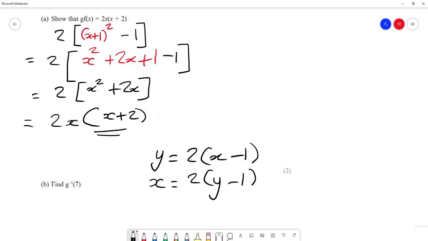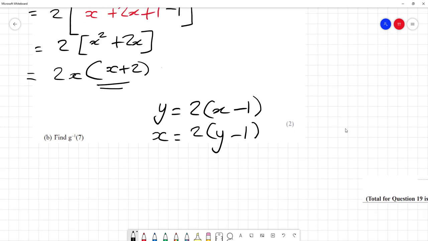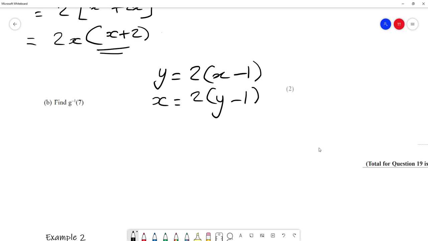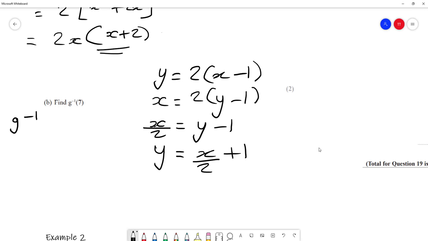Dividing this by 2, I will get x over 2 equals y minus 1. So making y the subject, I get x over 2 plus 1. And then we replace y with the inverse function of g, and we write it like this: x over 2 plus 1.